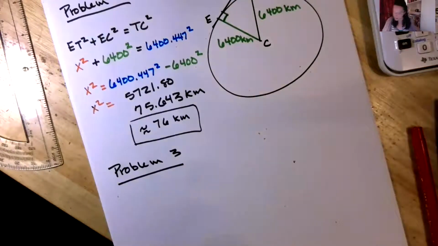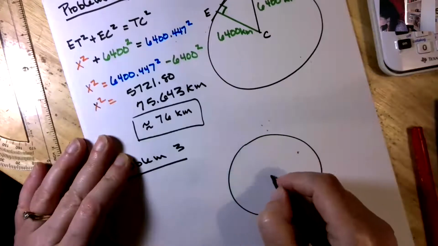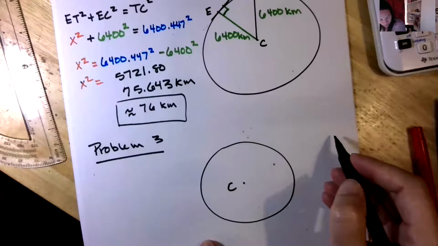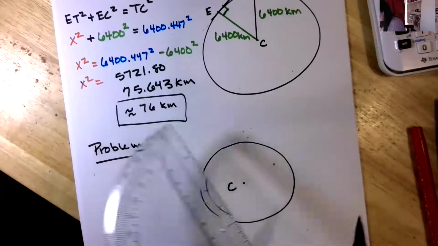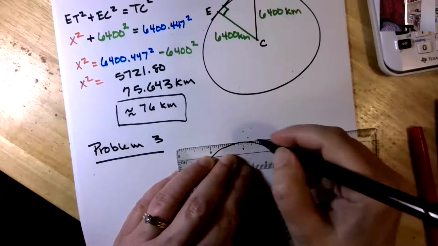This is circle C. And we have this point right here.